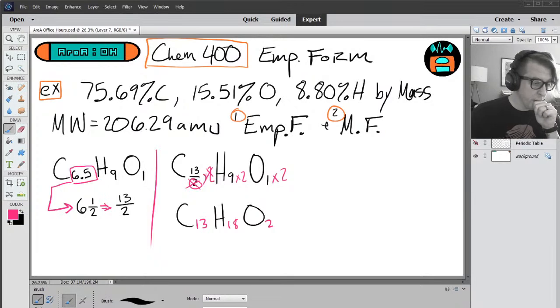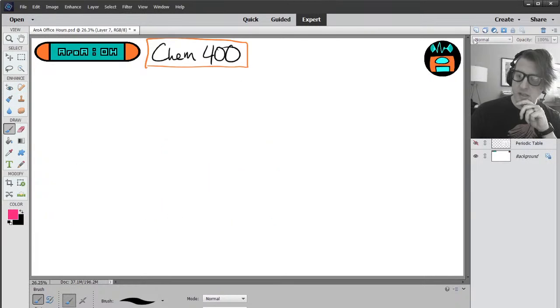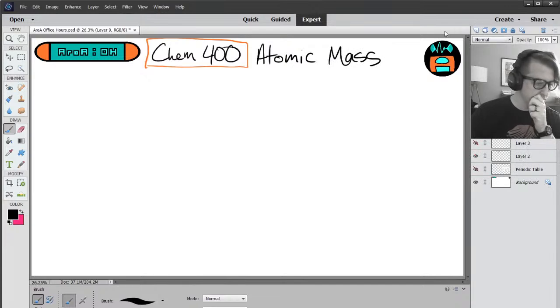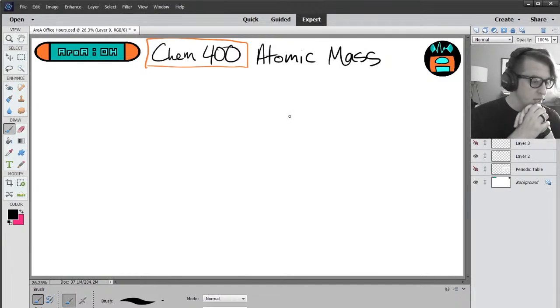Okay, let's see. An element has two naturally occurring isotopes. Let me go ahead and write this down.